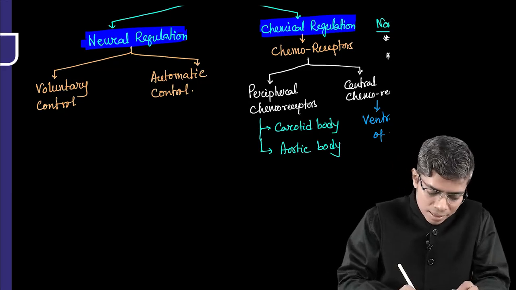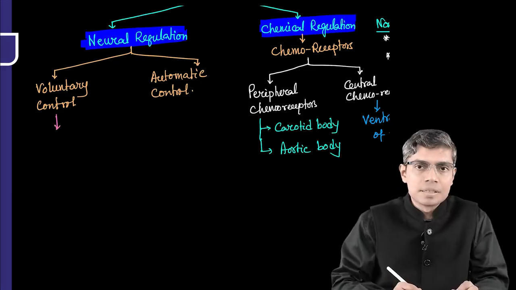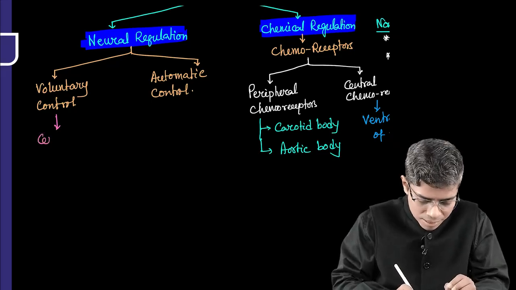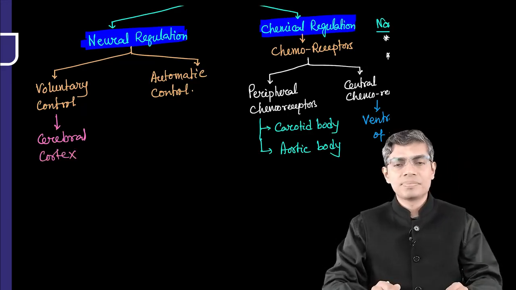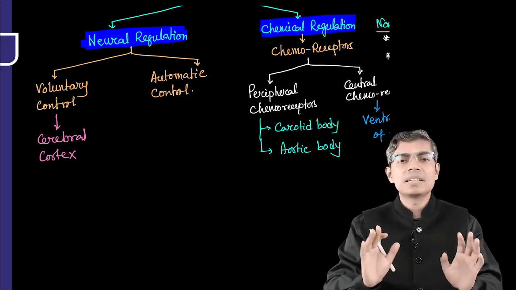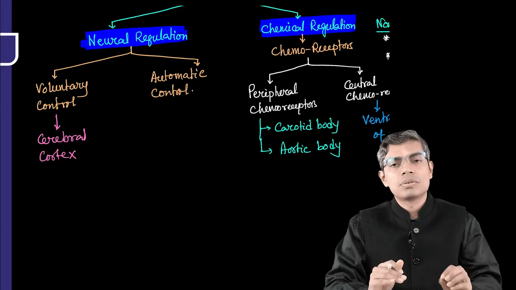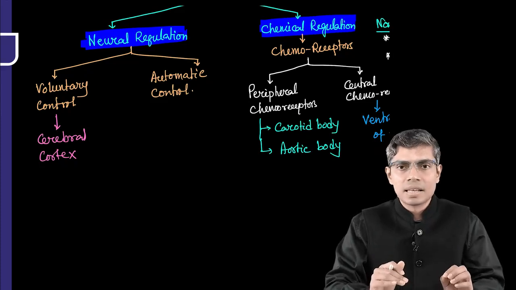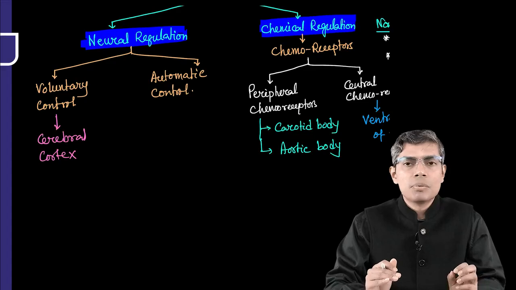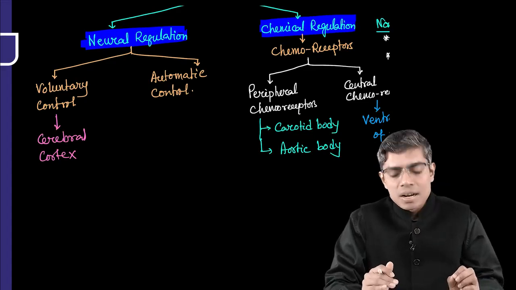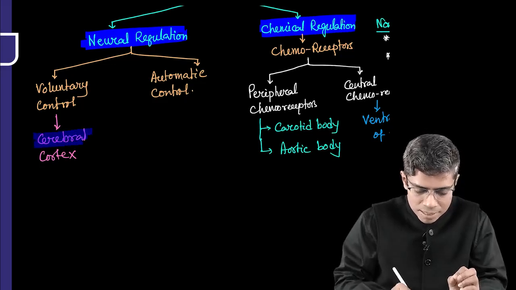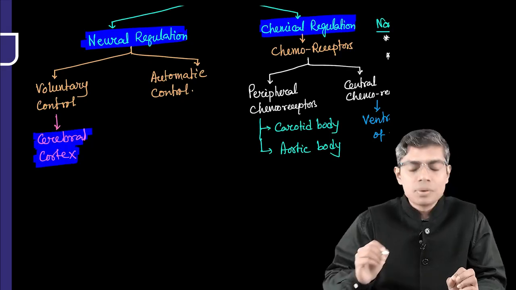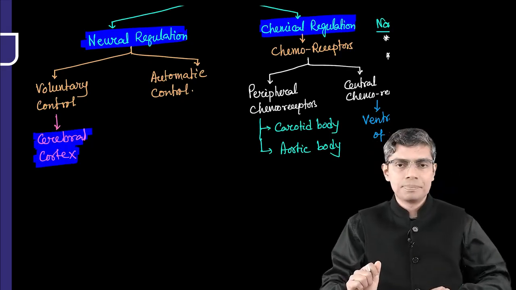That's why voluntary control of respiration is done by the cerebral cortex. The cerebral cortex influences various respiratory centers as well as the spinal cord, because of which we can control our breathing according to our own wishes. That is voluntary control of respiration, purely done by the cerebral cortex.